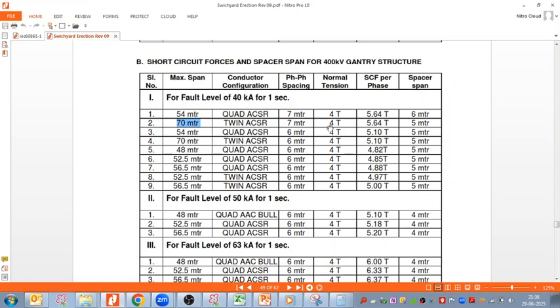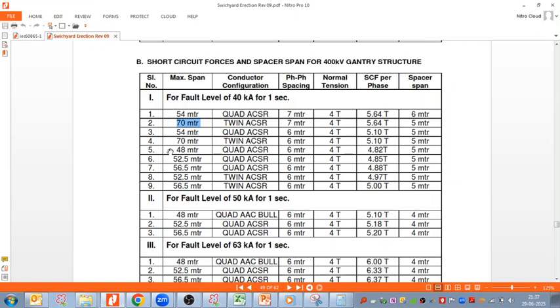Sir, one question. Actually, this 4 ton, where are they taking it from? This is like some initial assumption we can say, or based on the conductor weight.